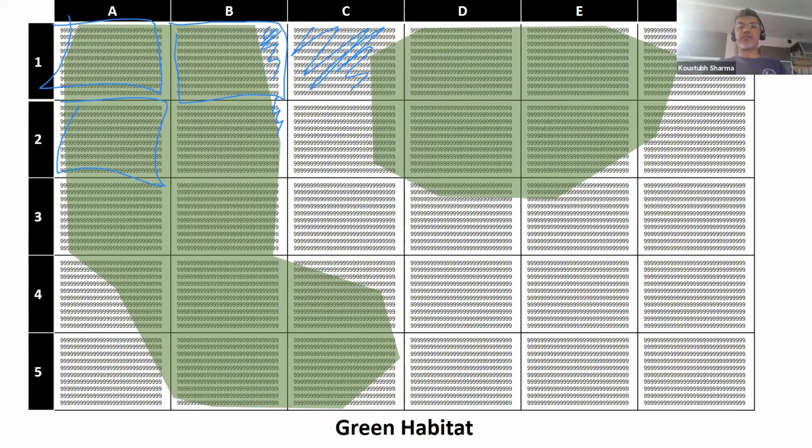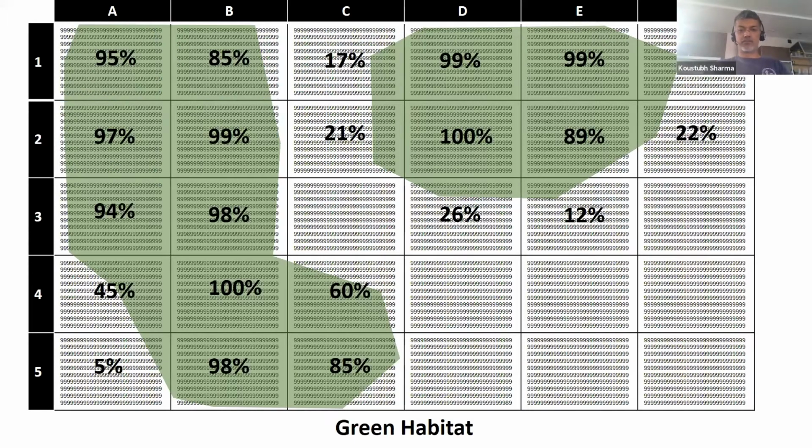One of the simplest ways of dealing with it would be to just put numbers. What we've done is we have estimated the proportion of that sampling unit as your conducive habitat or not. So if you see, these are all zeros, but these are all zeros over here.